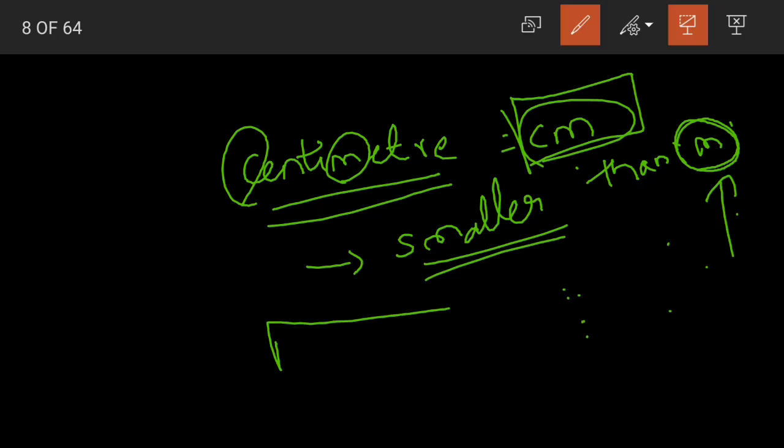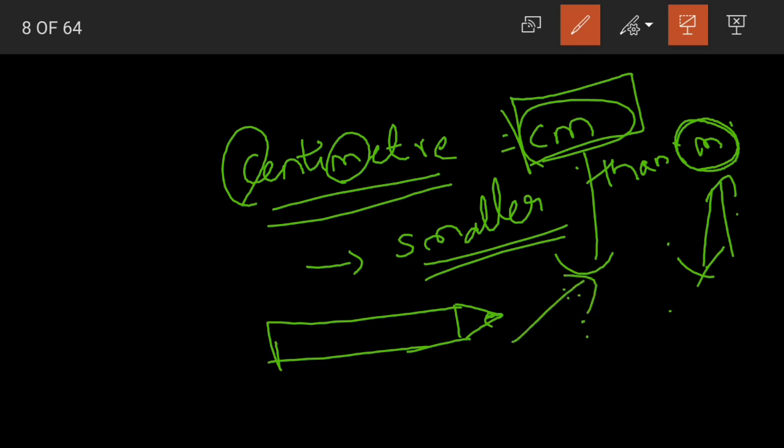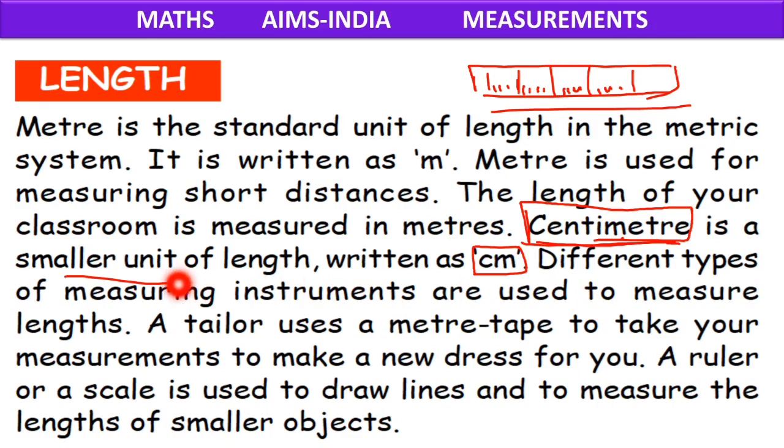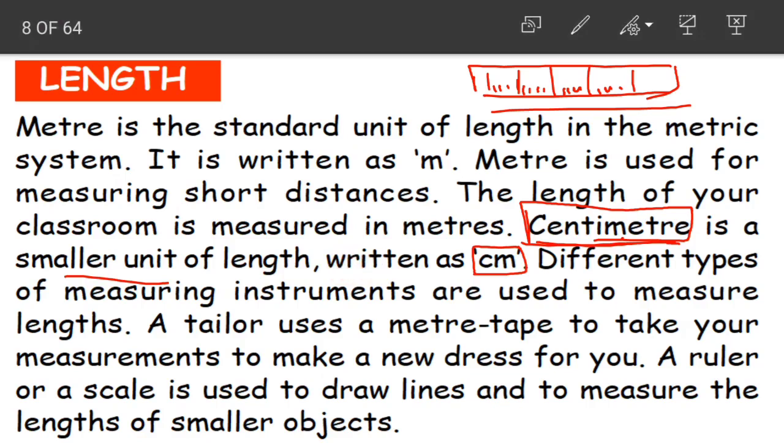Whereas if I have a pencil and I want to know its length, which measure can I use, centimeter or meter? I'll go for centimeter. It is an object of shorter length, so I'll choose centimeter as my unit of measure here. What can we understand here now? Centimeter is a smaller unit of length when compared to our meter, and it is written as cm.